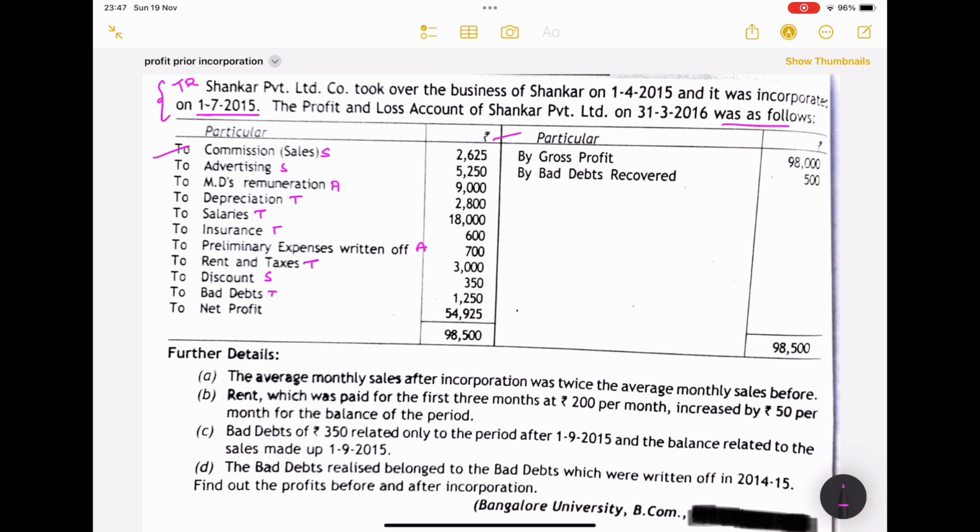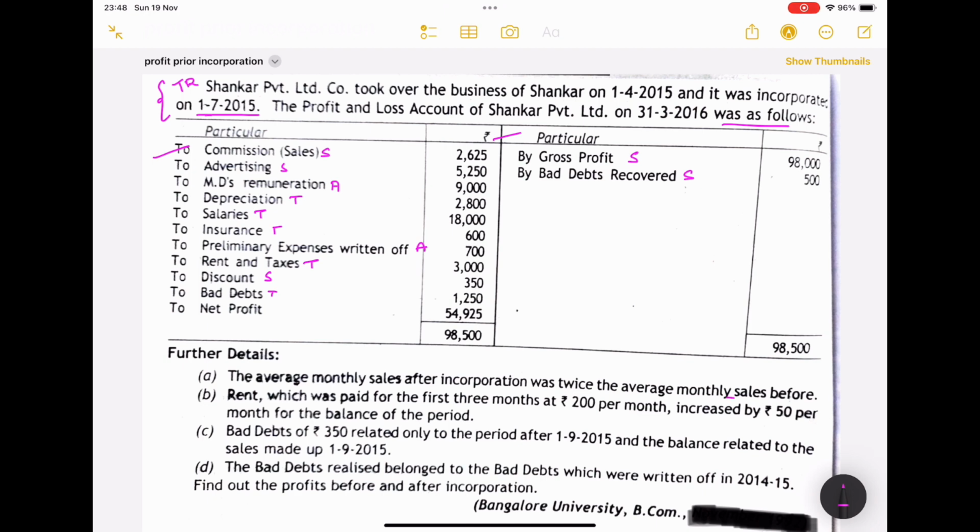Gross profit is the first item we are going to take in our format. We are going to take gross profit and bifurcate it on the basis of sales. Next, bad debts realized. Bad debts realized is also based on sales, but let us read the adjustments and we will confirm that. The average monthly sales after incorporation was twice the average monthly sales before.